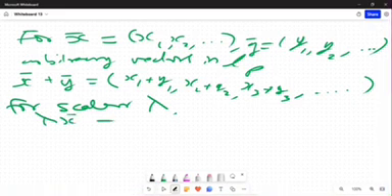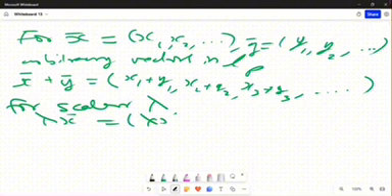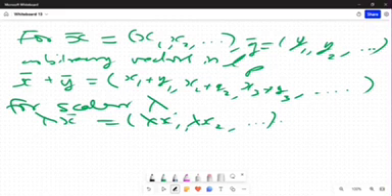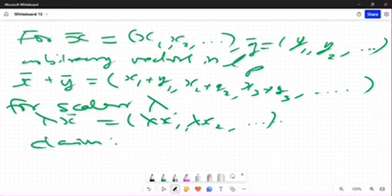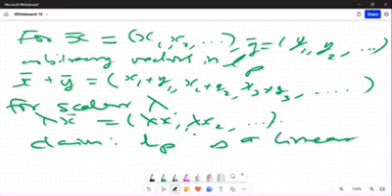Lambda x bar is simply lambda x1, lambda x2, lambda x3, and so on and so forth. So that's how we do scalar multiplication. With this vector addition and scalar multiplication, I claim that LP is a linear space, or a vector space. It's a linear space.